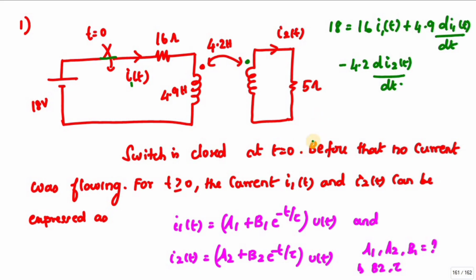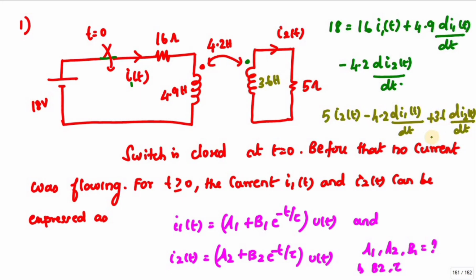Next I need to apply this to the second mesh loop. Since I have only the inductance and the resistance, 5 I2 of t, plus the opposite direction, so minus 4.2 times dI1 of t by dt, since it is mutual inductance, plus the self inductance value times dI2 of t by dt, and that value is 3.6 Henry.